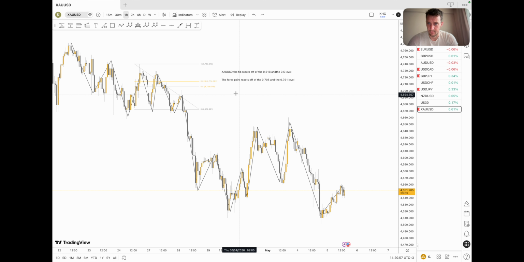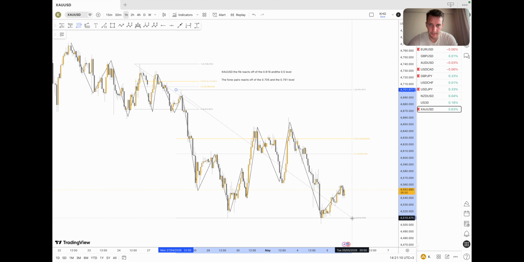70 to 80 percent of the time, gold pairs react off of the 0.618 and the 0.5 level. And what I mean by that is this right here.